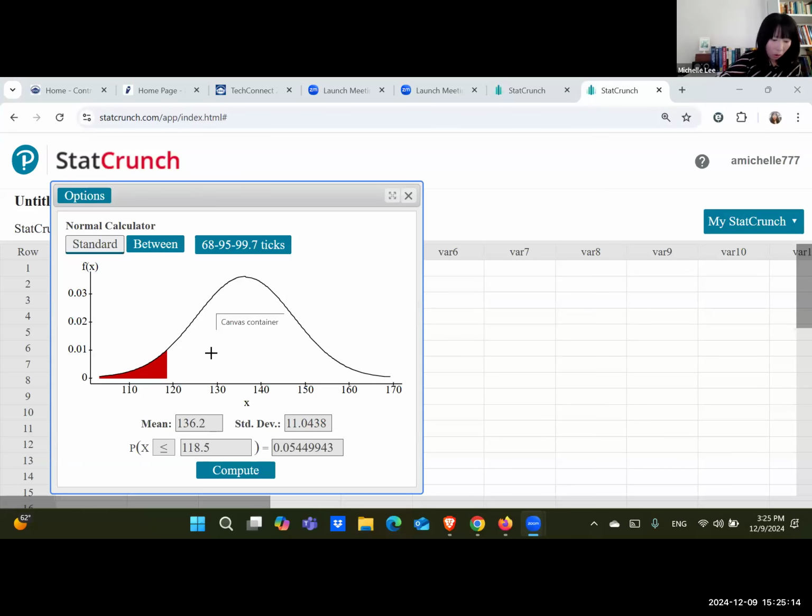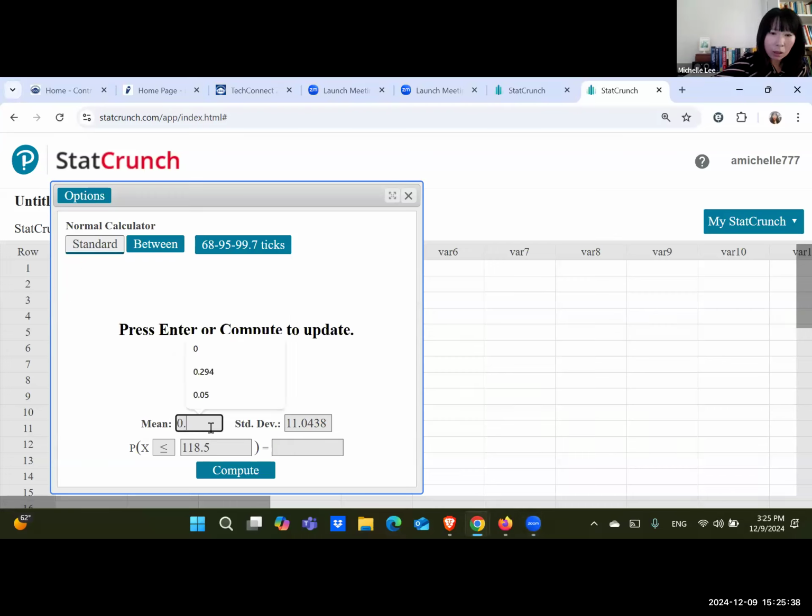All right. Oh, hold on one second. I have to change here. All right, so mean, which is p, will be 0.46. And then the standard deviation, sigma sub p hat, which is 0.04182.